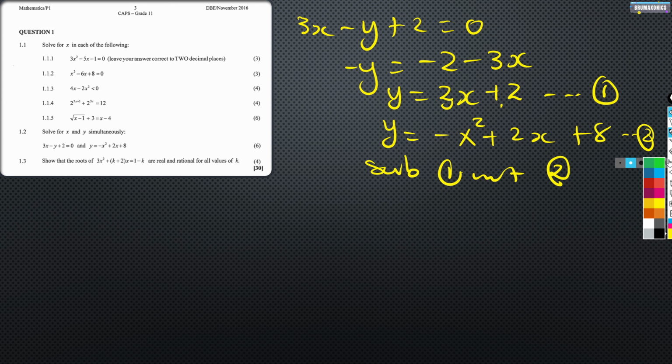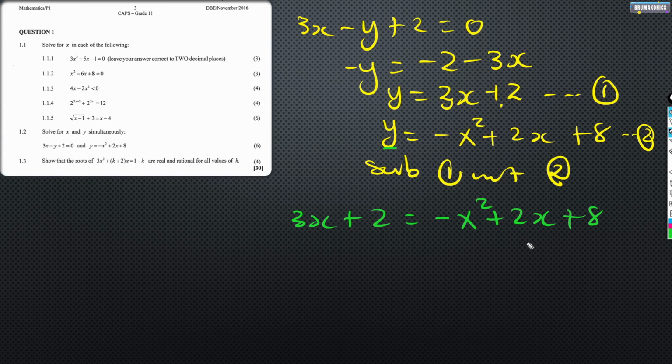So this means that we can come here and substitute it here. So 3x plus 2 is equals to negative x squared plus 2x plus 8.